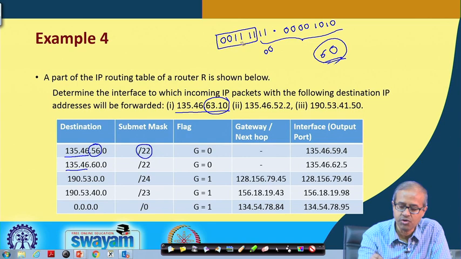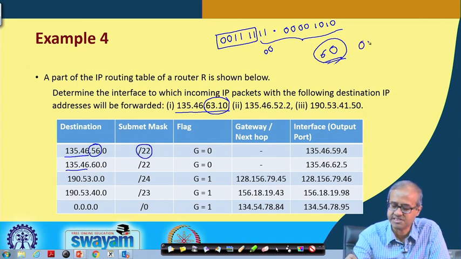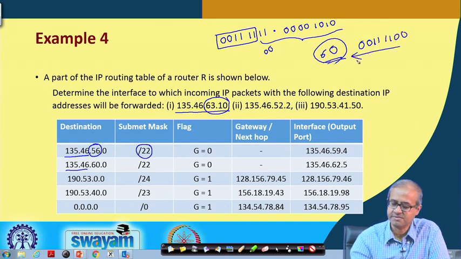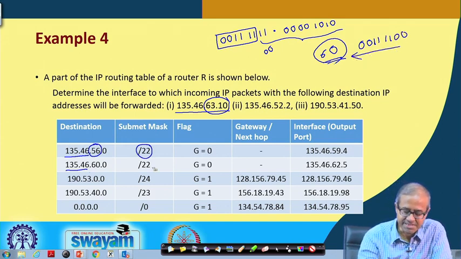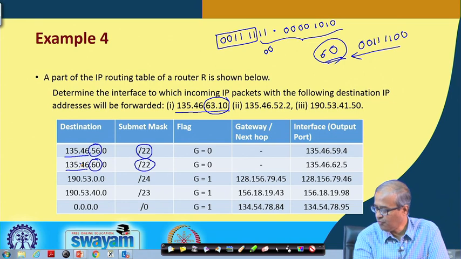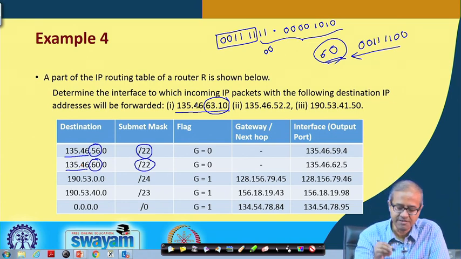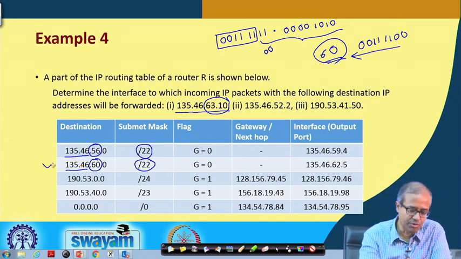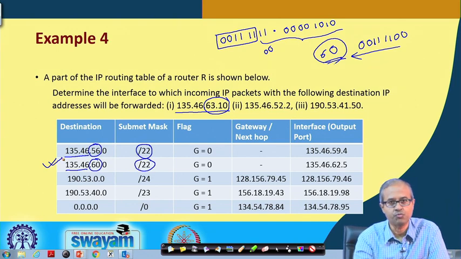But in the second entry, here also we are looking at 22 bits, and here it is 60. So, for the first example there will be a match found with row 2.